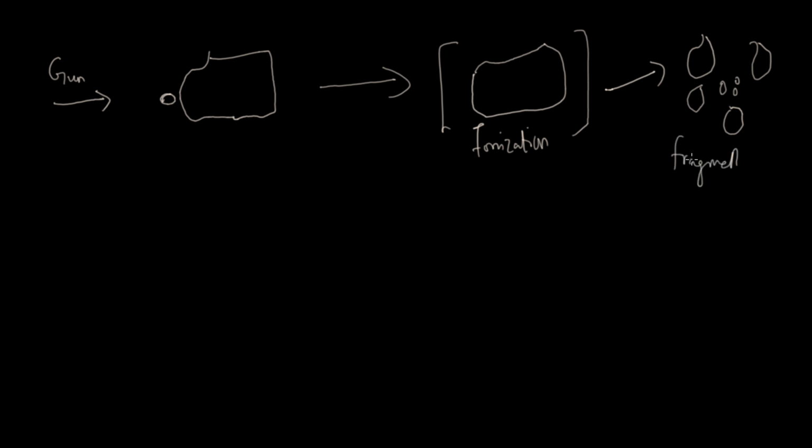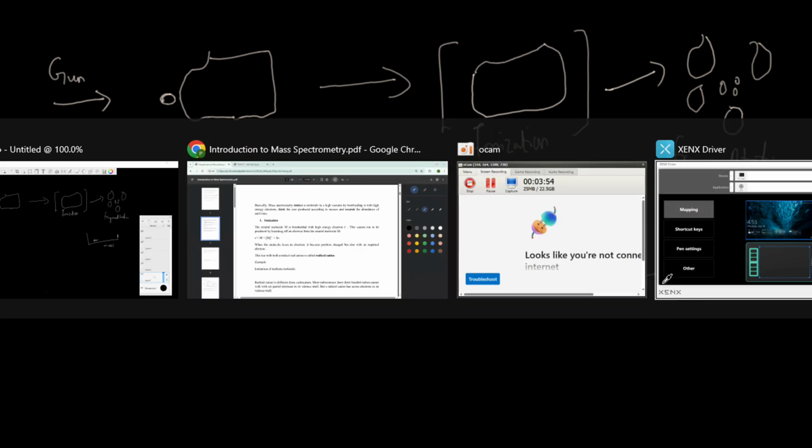Thereafter, we sort these fragments according to their masses and display them on the mass spectrum. The more massive fragments will be seen at the latter part, and the less massive at the earlier part. This is the masses of the fragments.